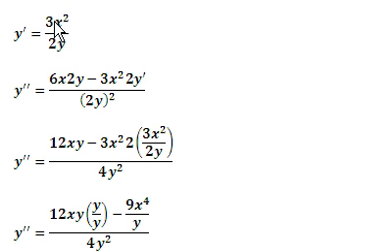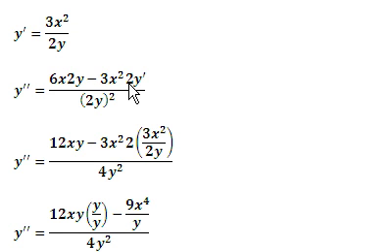Okay, since we've got this fraction up here, we want to use the quotient rule. So we're going to take the derivative of the numerator, so the derivative of 3x squared is 6x times the denominator, minus the numerator times the derivative of the denominator.